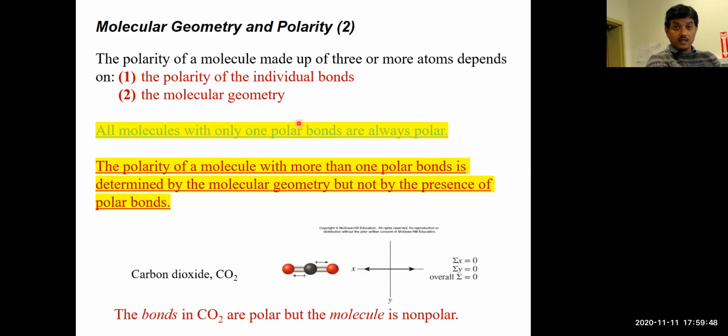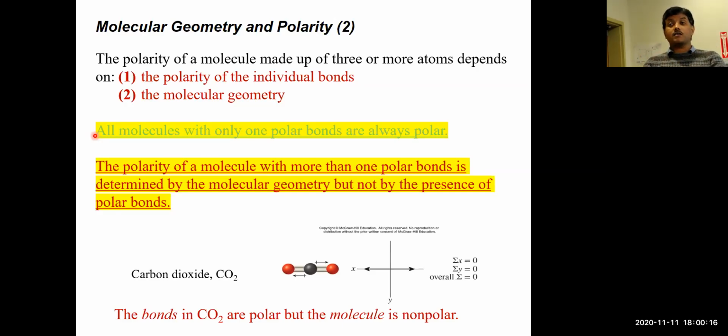There is one easy case to identify a polar molecule, which is the first one, when a molecule has only one polar bond. That's the easiest way to identify if a molecule is polar or not. If a molecule has no polar bonds, the molecule is not polar. If a molecule has one polar bond, yes, the molecule is polar because it has at least one polar bond.